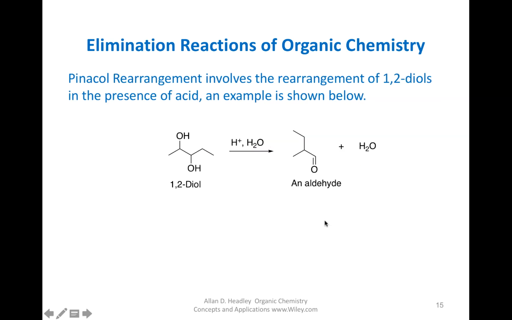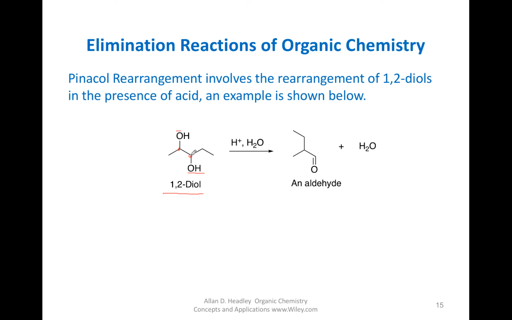Okay? And let us look at a slightly different reactant. In this case, it's a 1,2-diol. Notice 1,2. So it has an OH and an OH on adjacent carbons.